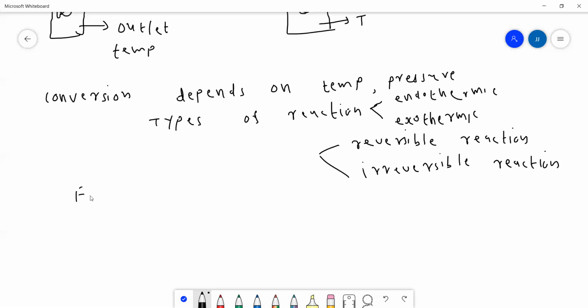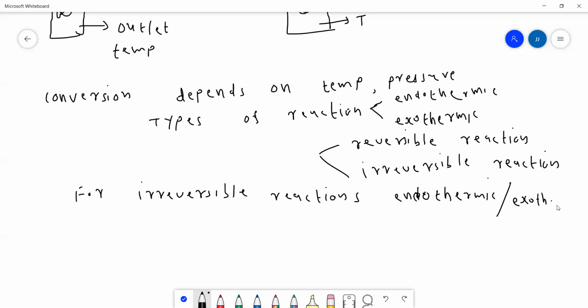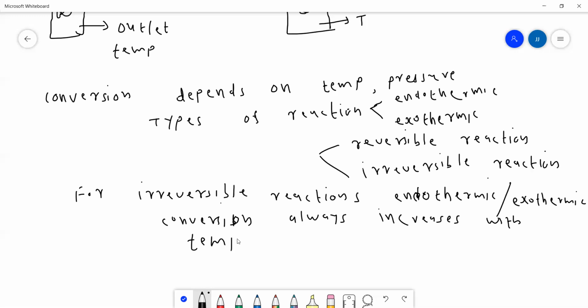So let me write for irreversible reaction, whether it is an endothermic or exothermic reaction, conversion always increases with temperature.